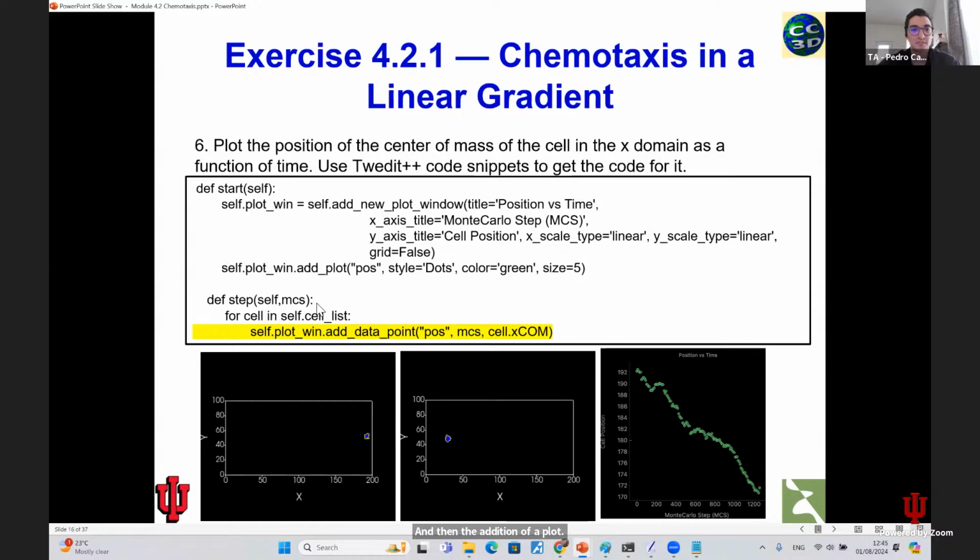Then in the step function, you add a data point where the x-axis is the MCS, the time step, and the y-axis is the cell center of mass X position. So do that, and remember that you can use the code snippets to edit code. If you're not able to follow until here, download the simulation and then you're done.